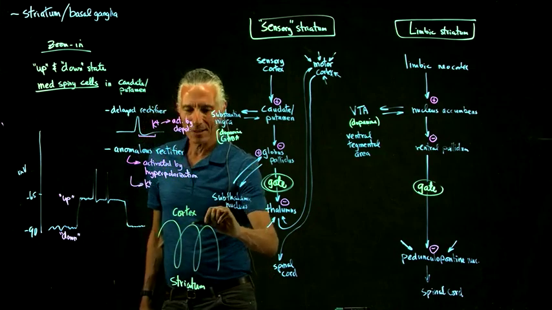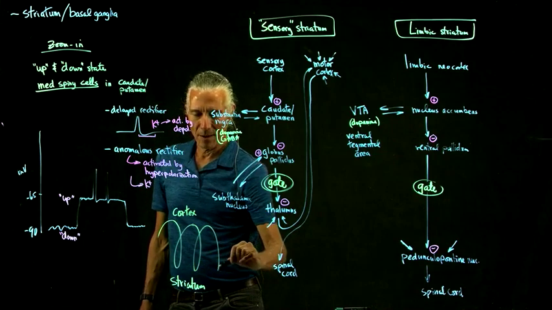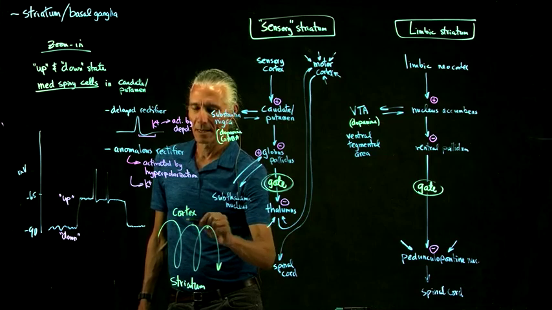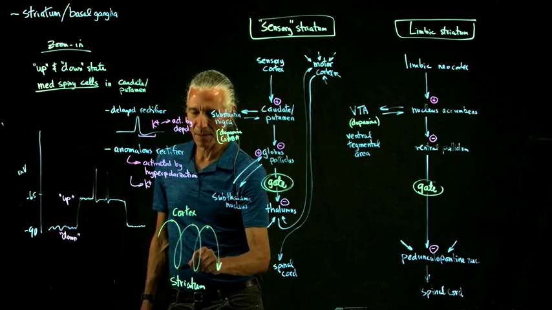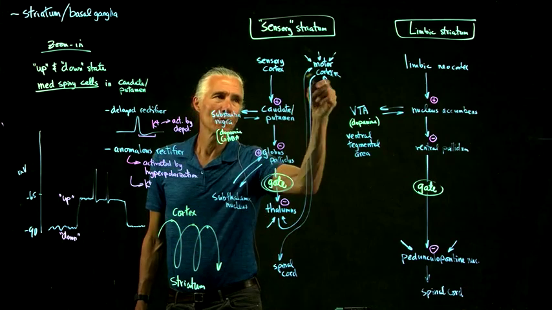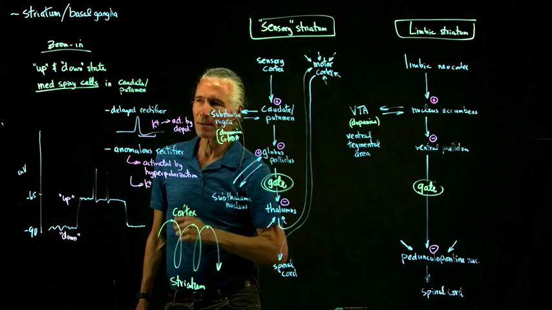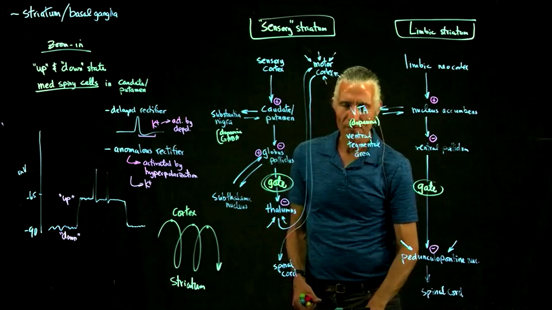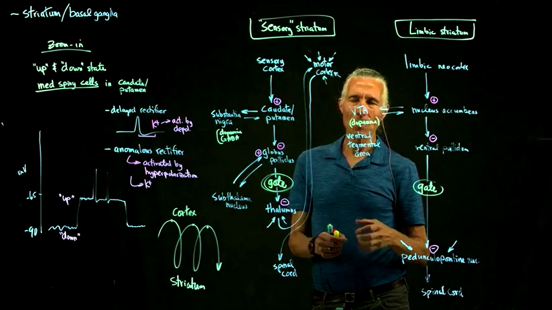Some part of the cortex will go down to a part of the striatum, and that will come back up and go to a different part of the cortex. Same over here. So you're in this part of the cortex, you go down to this part of the striatum, and when you come back out of the striatum, through these pathways from the thalamus that go back up into the cortex, you go to a different place. And so the idea is that you have some kind of hierarchical temporal control of behavior.